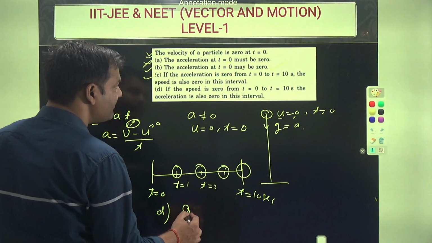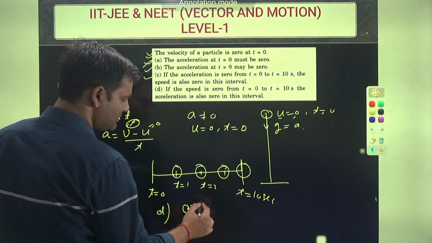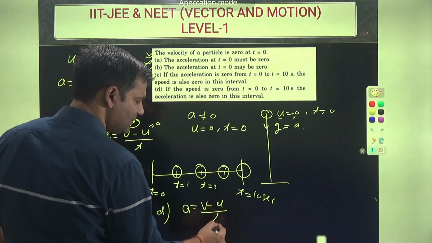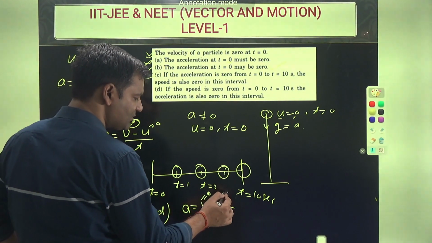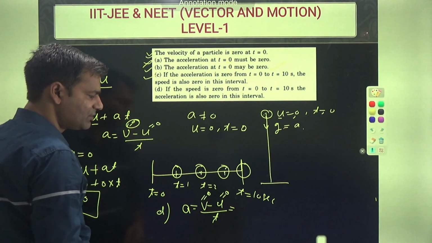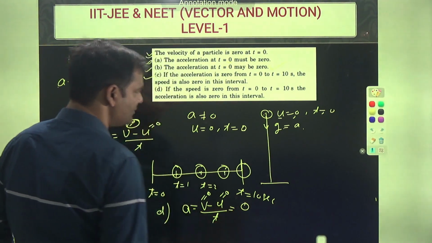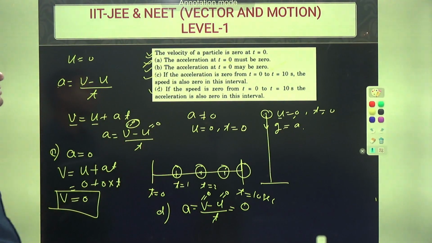So what about a? a is (v − u) divided by t. Put here, this one is 0, and this is also 0, with the initial velocity already given as 0, so the acceleration is always 0. So D is also correct. Only option A is incorrect; B, C and D, these three options, are correct.